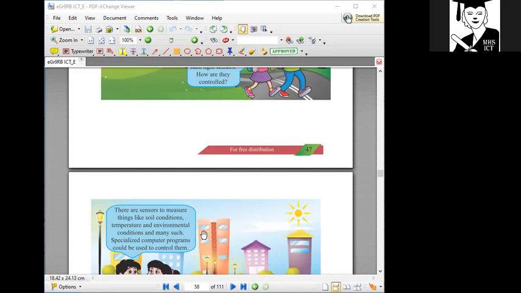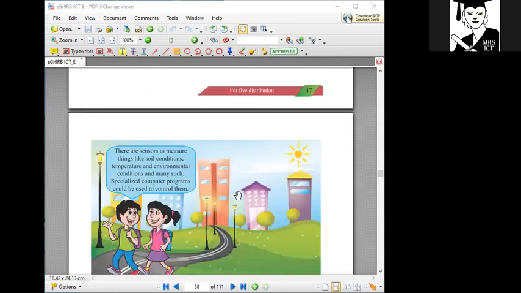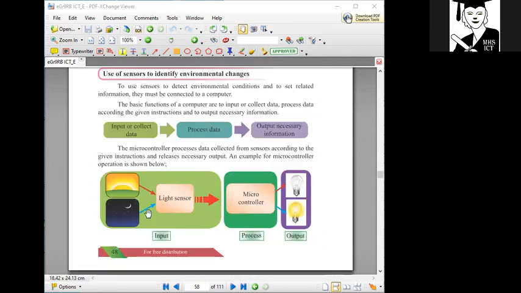By using those sensors, we can create many equipments. Now, in the example here, there is a light sensor fixed here. From the light sensor, it gives a signal whether it's night or day.